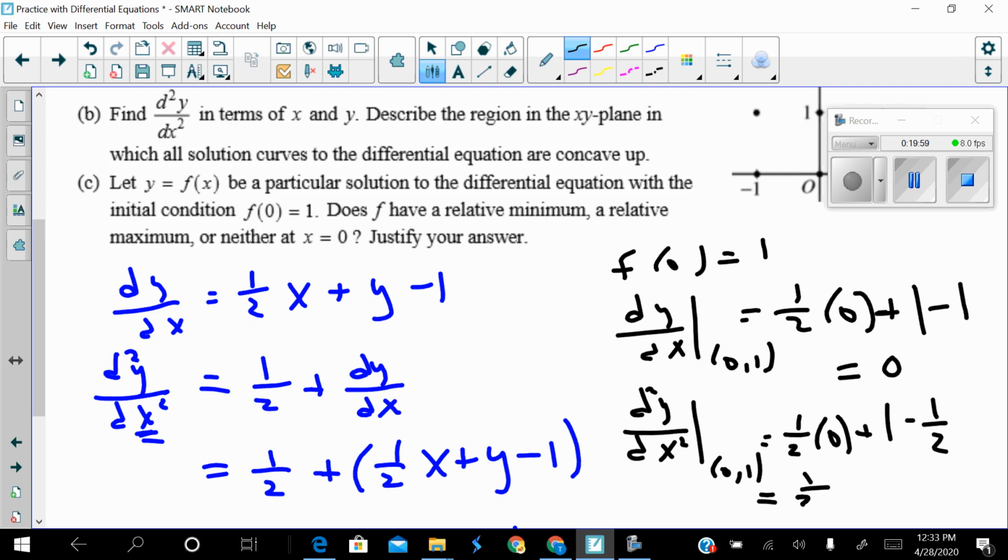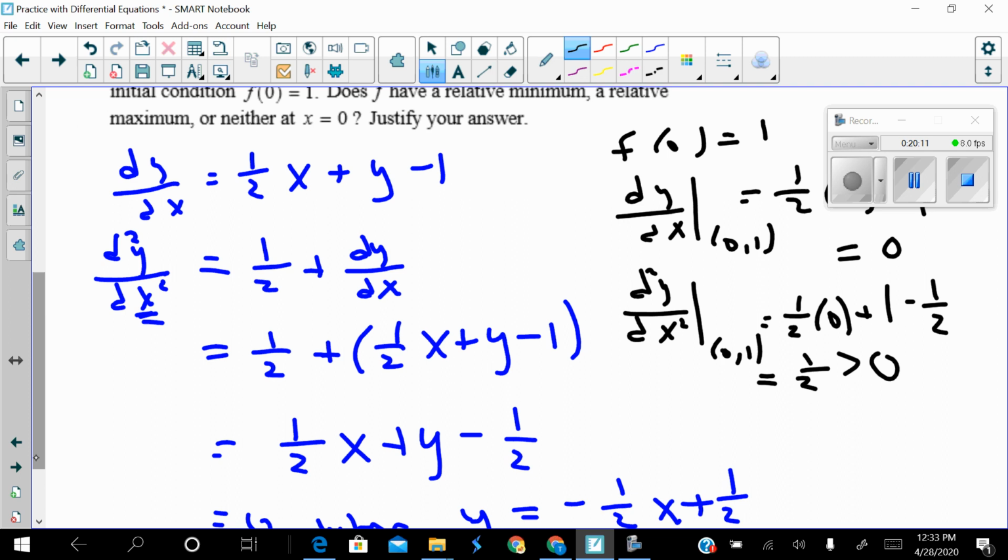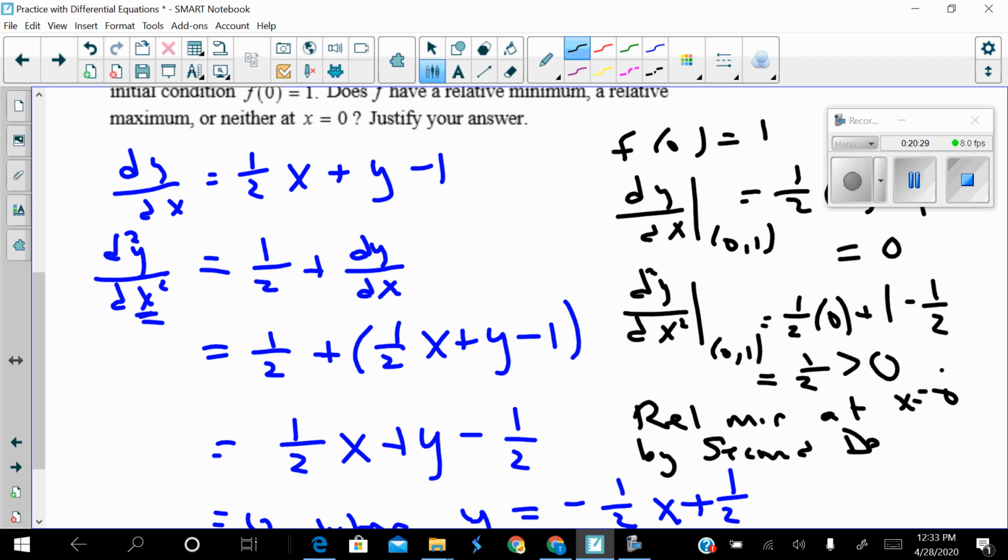I don't even have to say what it is, I could just say that's greater than 0. So the second derivative is positive. The first derivative is 0, slope of tangent 0. The second derivative is positive, which means f has a relative min at x equals 0, since it's concave up, by the second derivative test for extrema.